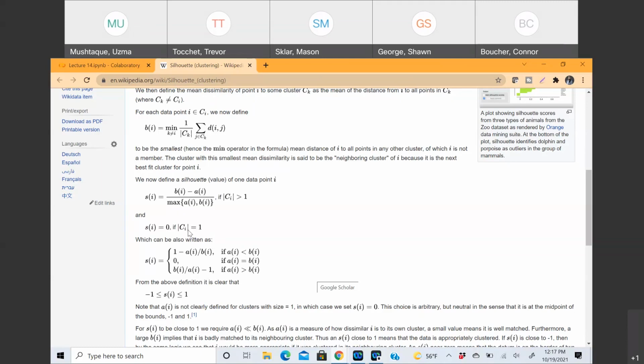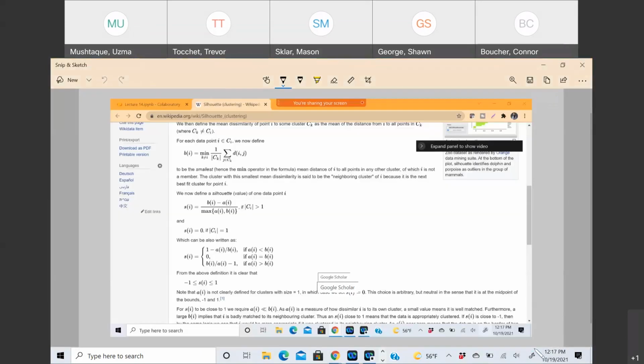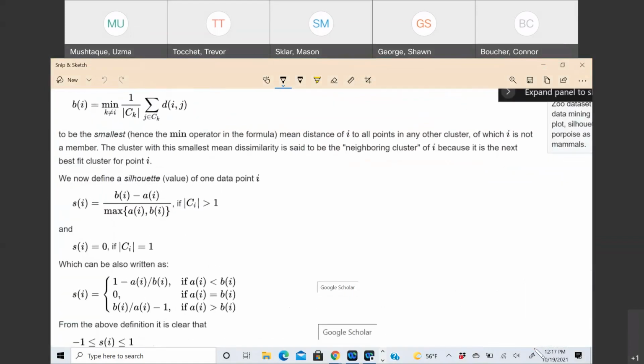Let me give you a high-level idea of how this works if we average this value. We want the maximum of this, because it signifies how far away a point is from other clusters and how close it is to its own centroid, so it encompasses both.